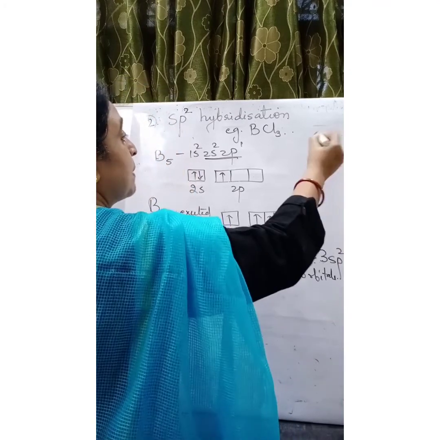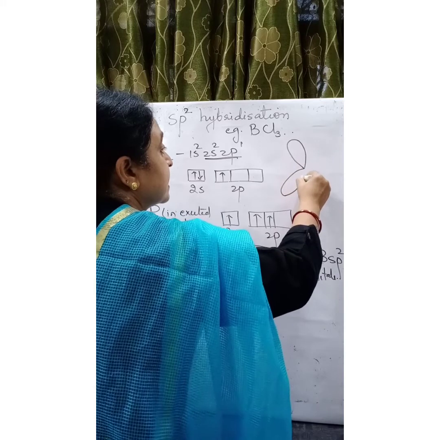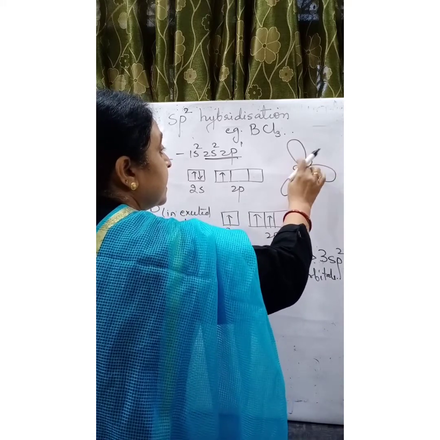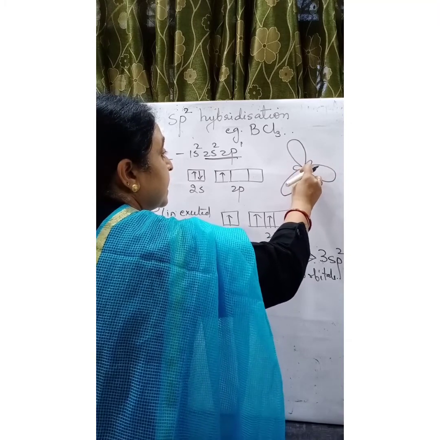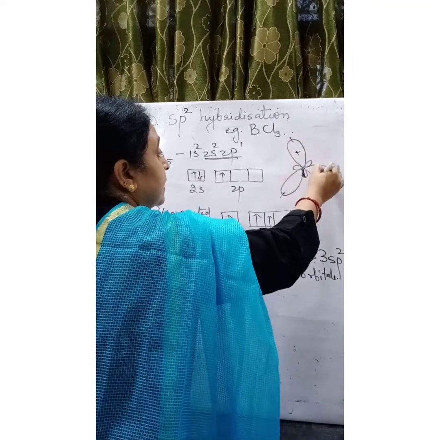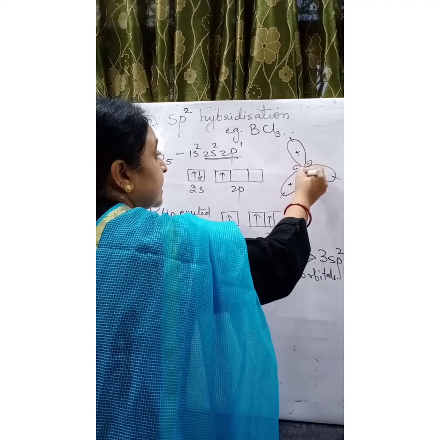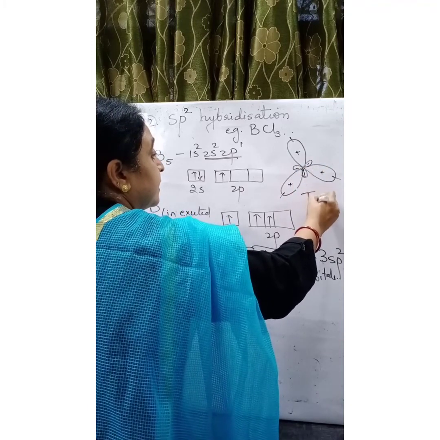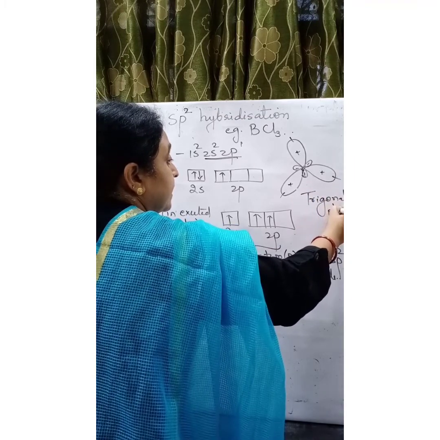If we talk about the shape, this is the shape of the sp2 hybrid orbital. It is, you can say, trigonal planar geometry.